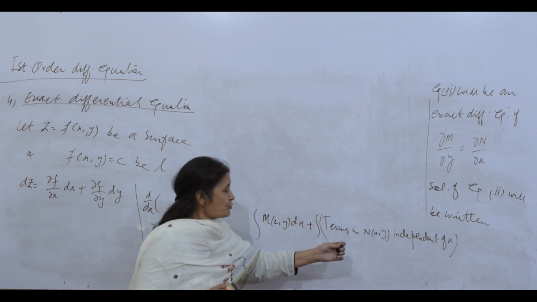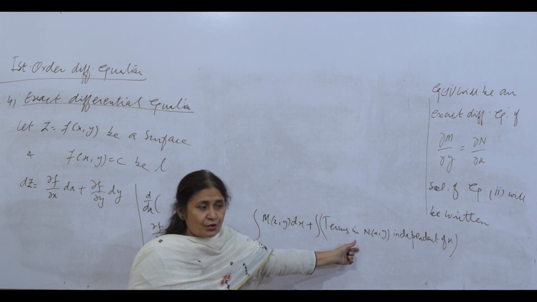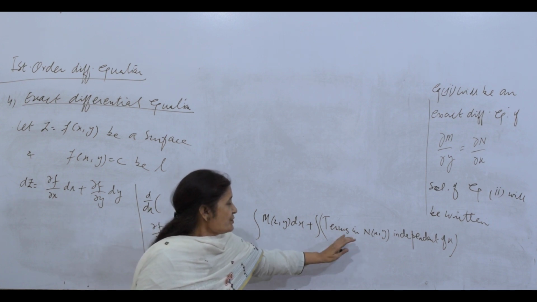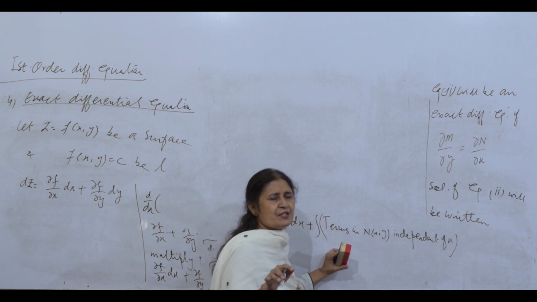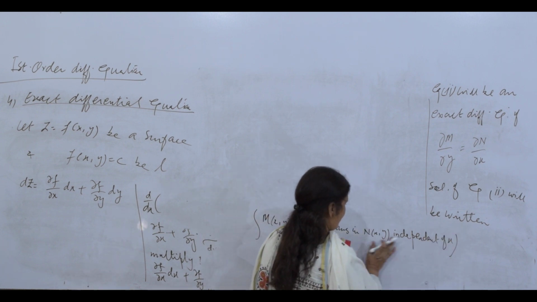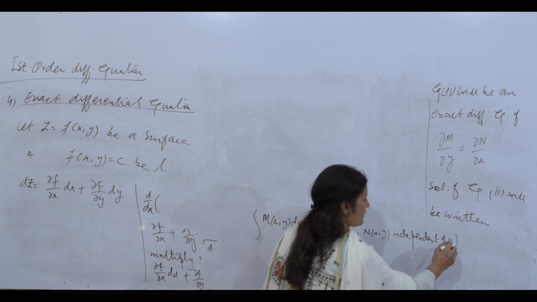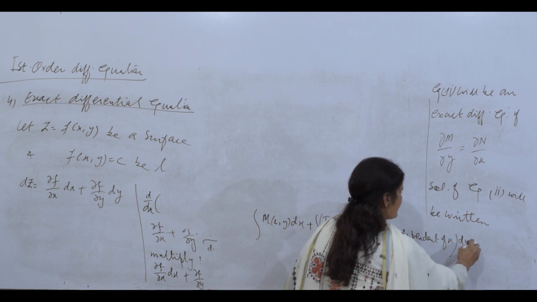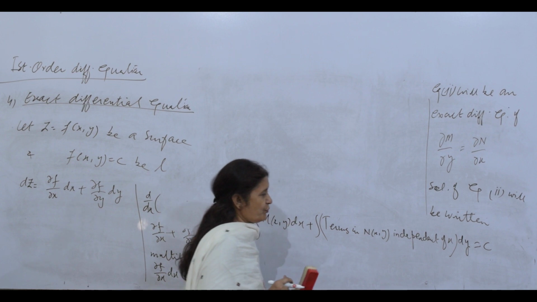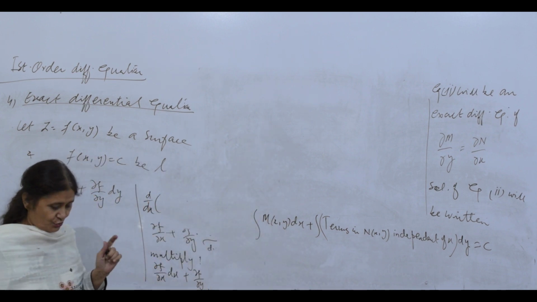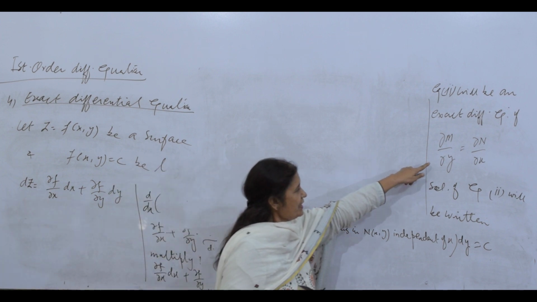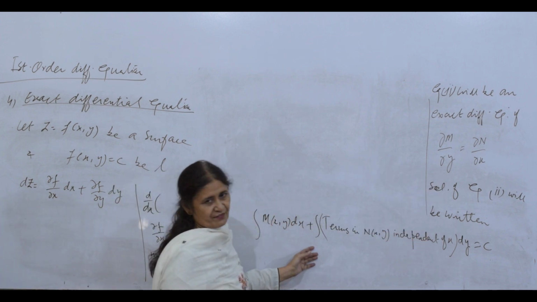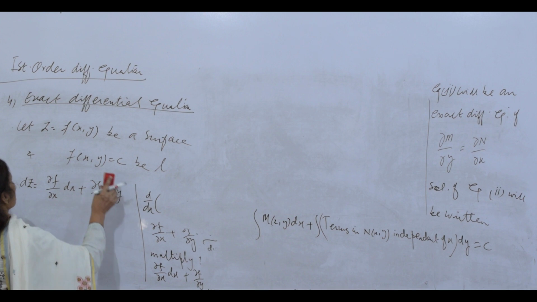You have to choose those terms which do not have x in them. If there are two terms and both have x, put 0 there. Then for those terms which are independent of x, integrate with respect to y, and do not forget to put a constant of integration. So if both partial derivatives are equal, the equation is exact, and this is the way you write down the solution.